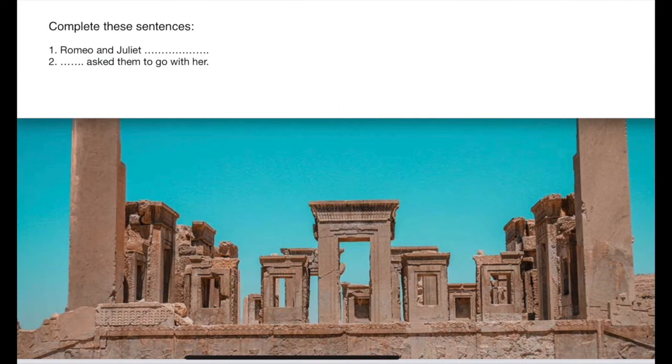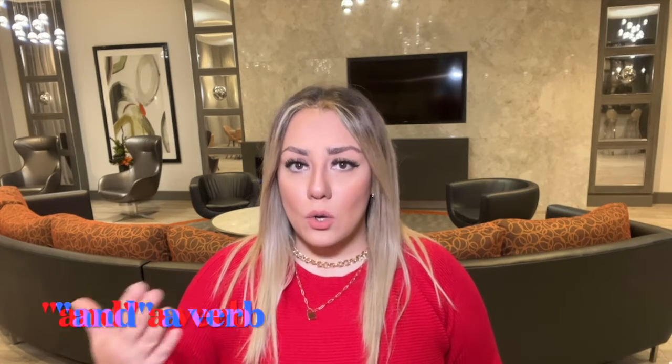Now it's your turn. Can you complete these sentences? To make a complete sentence, you will always have to use a subject and a verb. Sometimes we call the verb and the rest of the sentence a predicate.